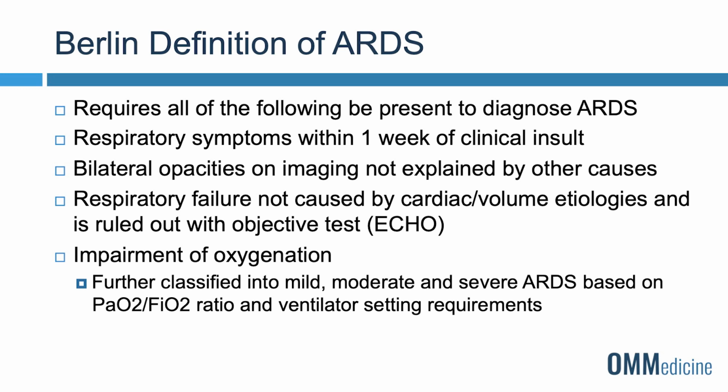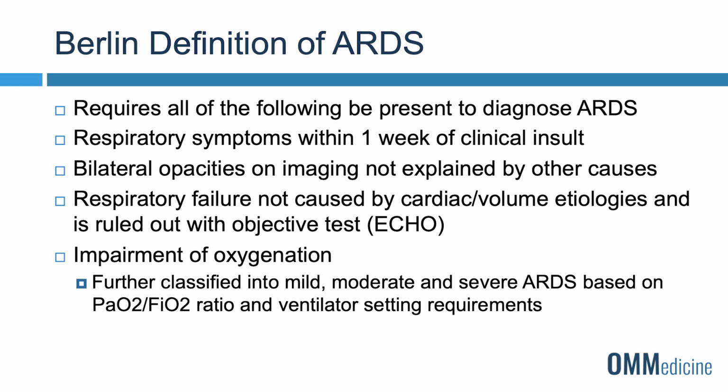And we need this to be confirmed by at least one objective test, which is typically going to be an echocardiogram. And finally, we need some evidence that there is impairment of oxygenation in the lung. And so this is how we will classify the mild, moderate, and severe ARDS scenarios, and that's all going to be based on the PaO2 and the FiO2, as well as the ventilator settings that the patient is going to require.